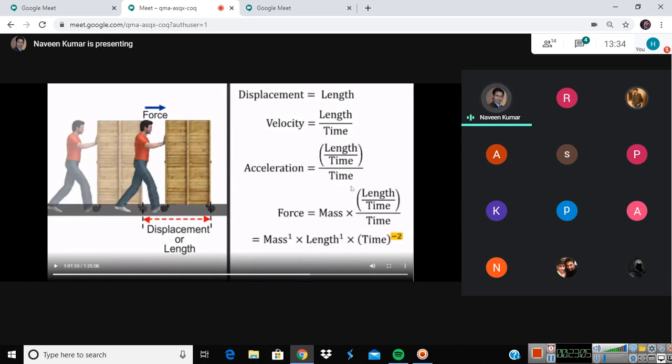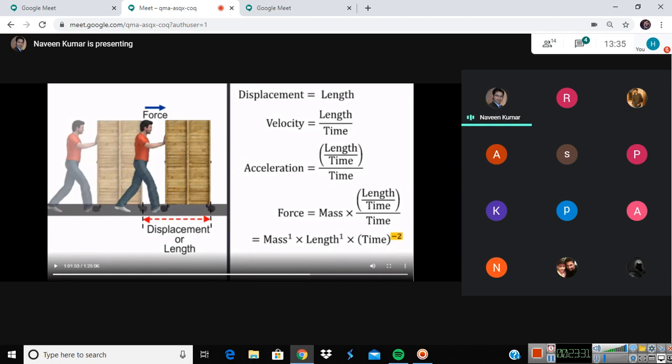But how to write the dimensional formula? For the dimensional formula, dimension means the power to which mass, length, and time are raised. That power is known as the dimension. Is it clear?